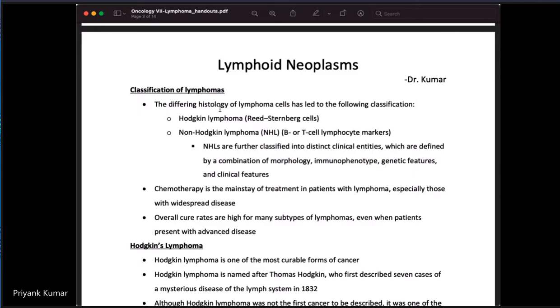First is Hodgkin's lymphoma, and the second is non-Hodgkin's lymphoma. Okay. The main characteristic difference between these two is the presence of Reed-Sternberg cells in Hodgkin's lymphoma. Okay. So what is it? It's the presence of Reed-Sternberg cells in Hodgkin's lymphoma.